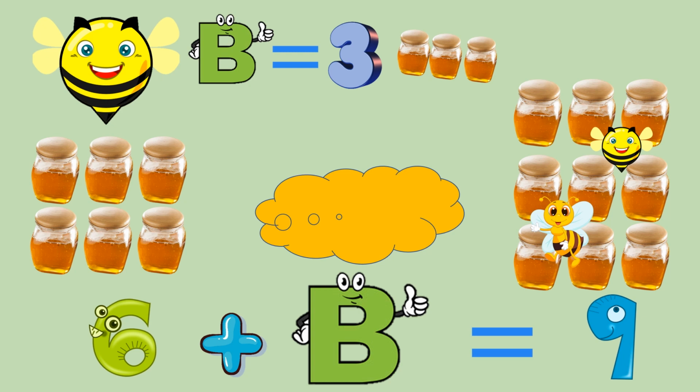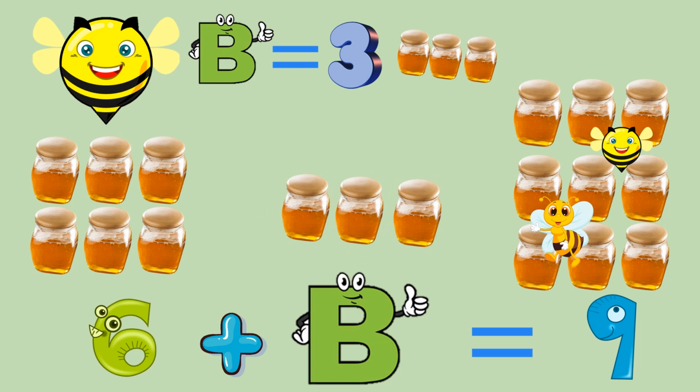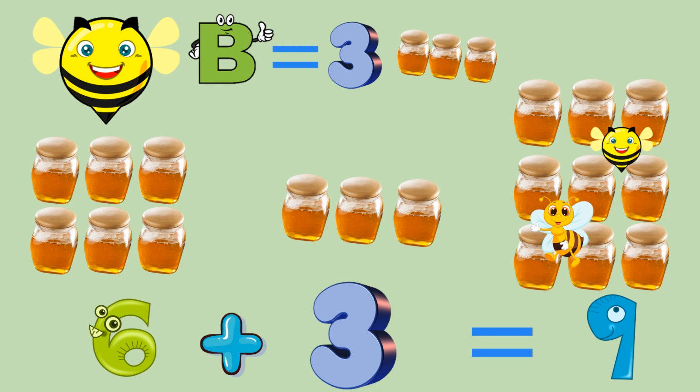So, in order to solve the equation 6 plus B is equal to 9, we need to find the value of B. And if we add 6 to this value, we get 9. And here, B is represented by the 3 honey jars. And we can substitute B by 3. And we say 6 plus 3 is equal to 9. And B is equal to 3.